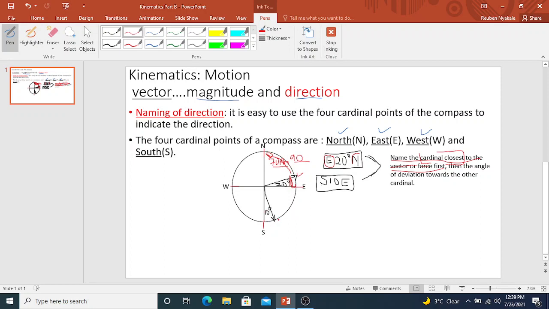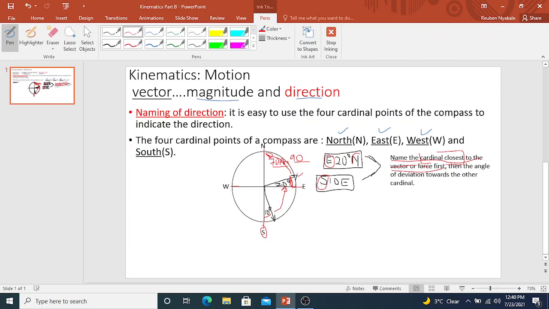Now, including the second example as well. The cardinal which is close to this vector, it is what? It is south. Hence, south would be your reference point. You are having south 10 degrees, then the other angle of deviation. That's how you will name your direction when coming to your vector.